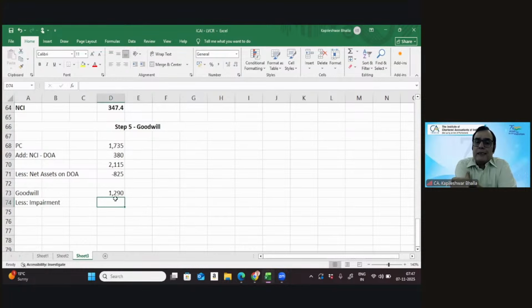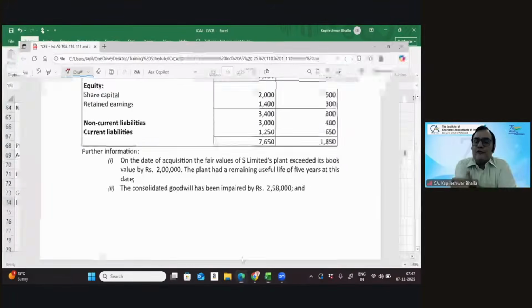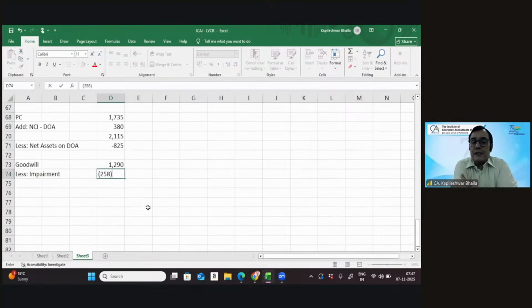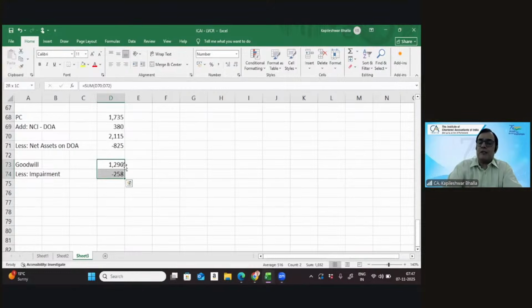We need to consider the entire impairment of 258 itself. So that is another important point, that when you're considering your goodwill calculations, impairment is always a reduction completely. So this is going to give you the goodwill post the impairment. So this is done. Super.